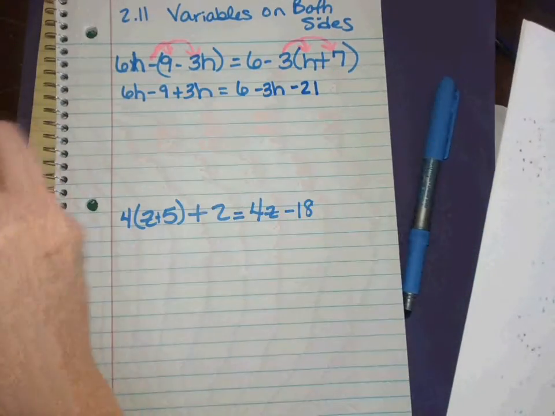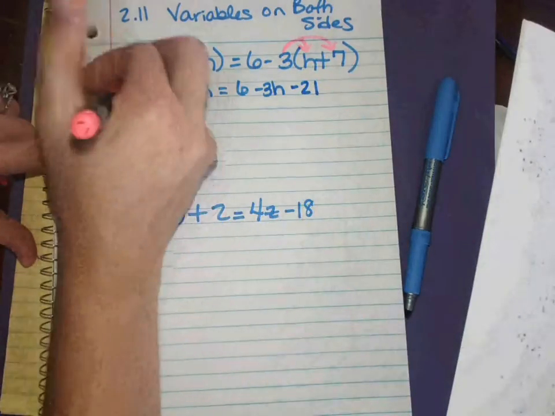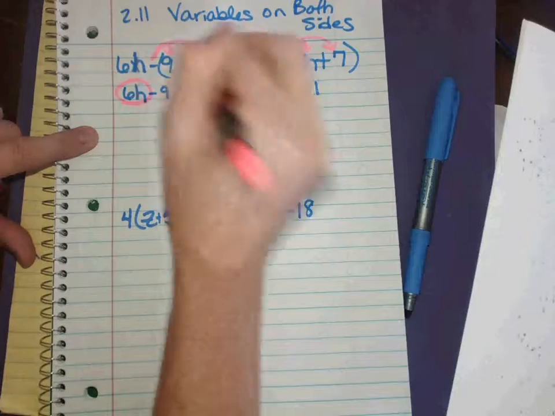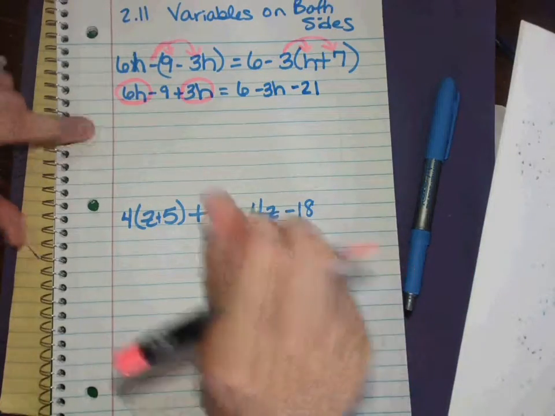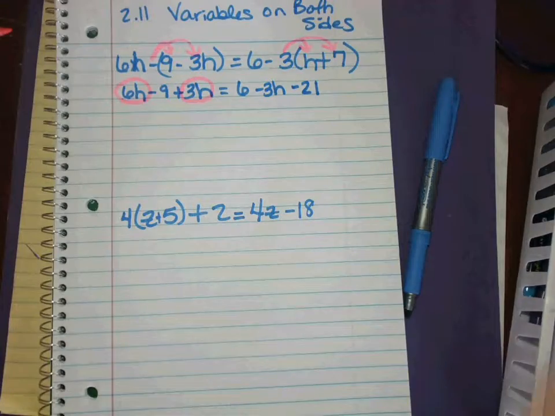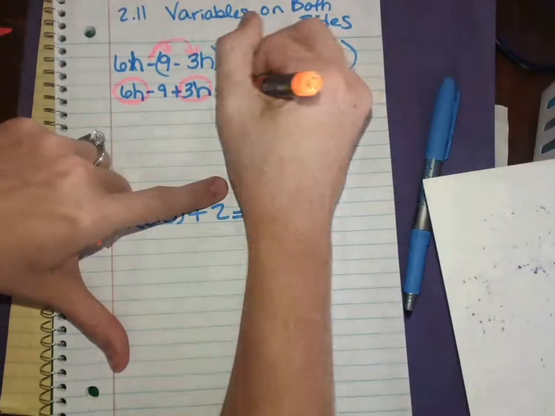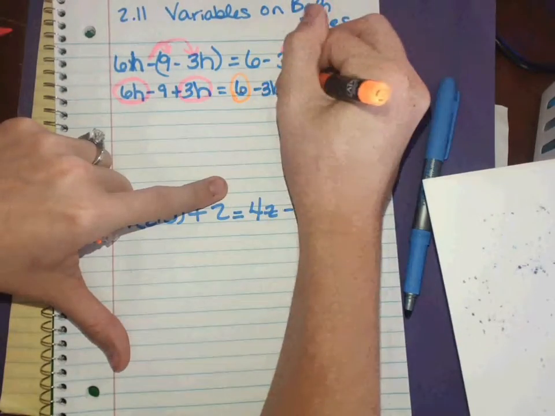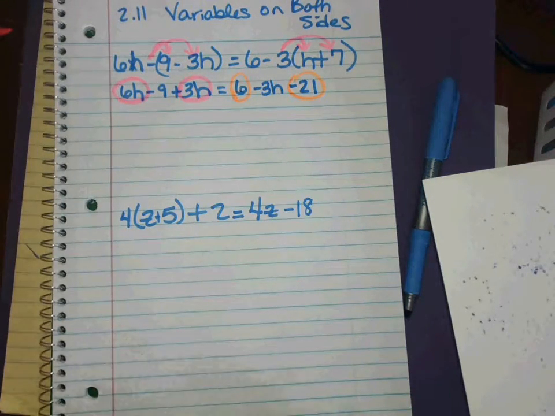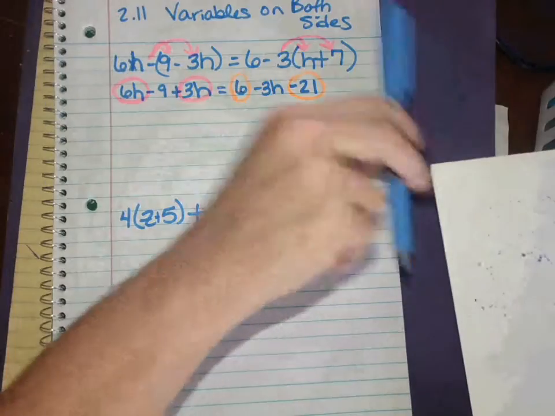Now I'm going to go through and look for things I can combine. Well, I see that over on this left side, I can combine the h's. I'm going to grab a different color. Okay, over here on this right side, I have the numbers there that I can combine.